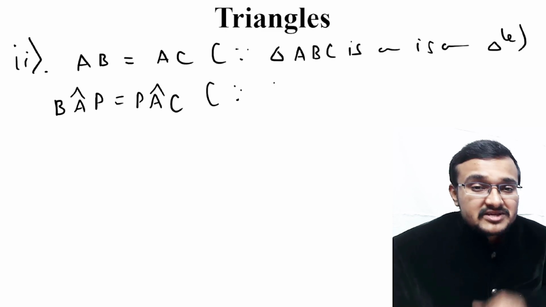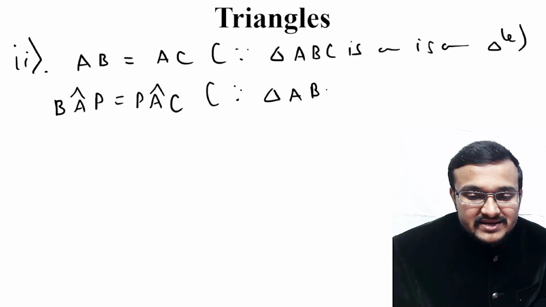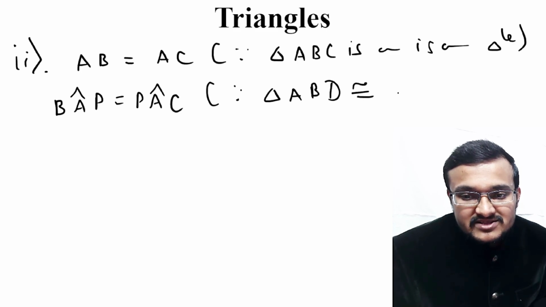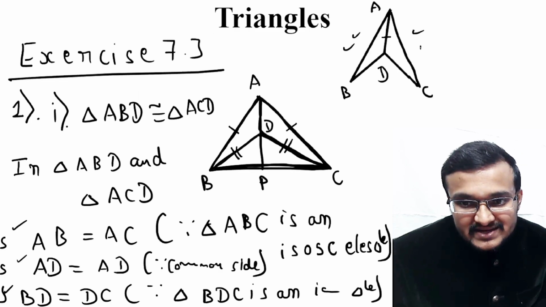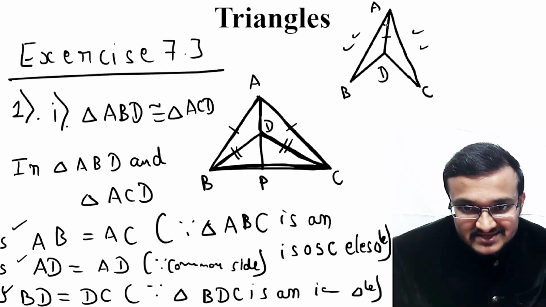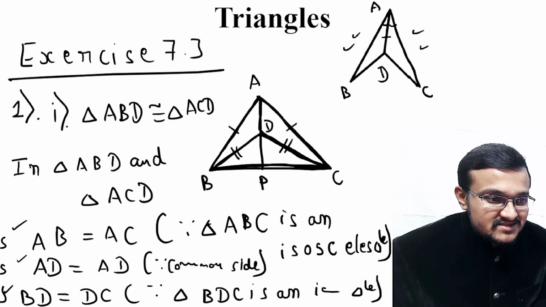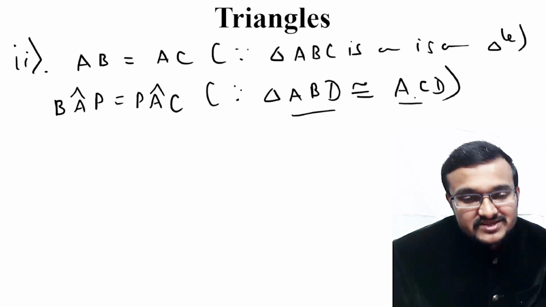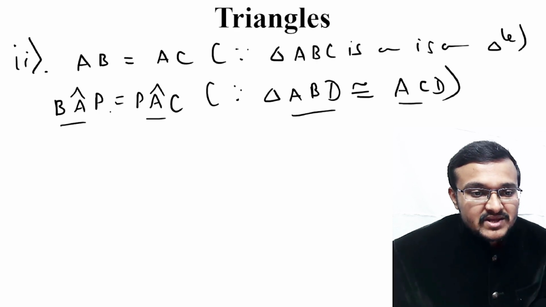This is because in the previous question we proved that triangle ABD is congruent with triangle ACD. You can see these two triangles ABD and ADC are congruent, so these two angles will be equal to each other. Since these two triangles are congruent, angle BAP is equal to angle PAC.